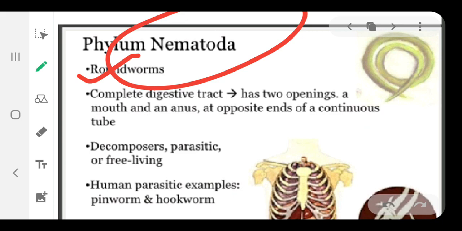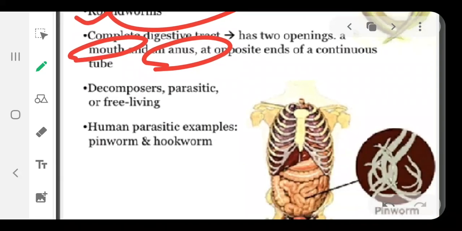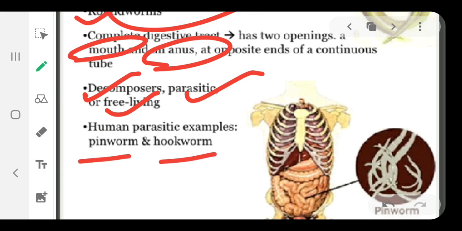That means they have two openings, the mouth to take in food and the anal opening for excreting the food product out. Basically they are decomposers, parasitic also, free living also, and some of the parasites that live in a human body are pinworm and hookworm.